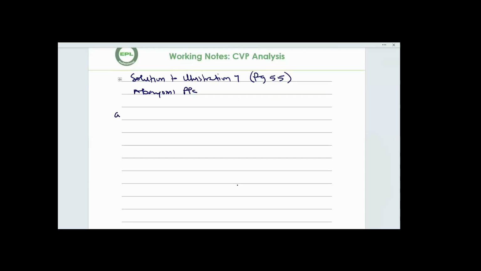Therefore, I will come here, calculating break-even points in units. So how do we do this? We have 5 procedures. Step 1, we need to calculate overall contribution margin ratio.